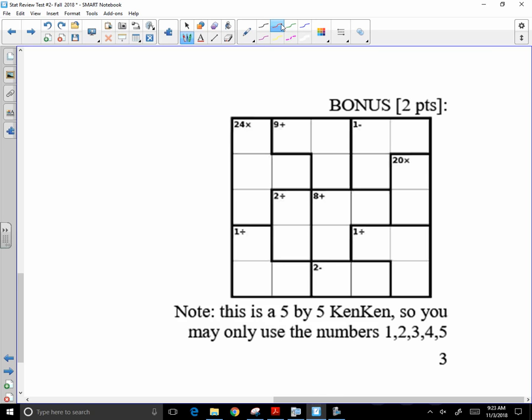All right, so for the Ken, again, you're dealing with the numbers that relate to the dimensions. So in this case, the numbers 1, 2, 3, 4, and 5. Those are the only numbers you can work with. I'm making it a point to go over it because I saw some negative numbers in the last Ken, some fractions, some zeros. I'll take the heat for that one.